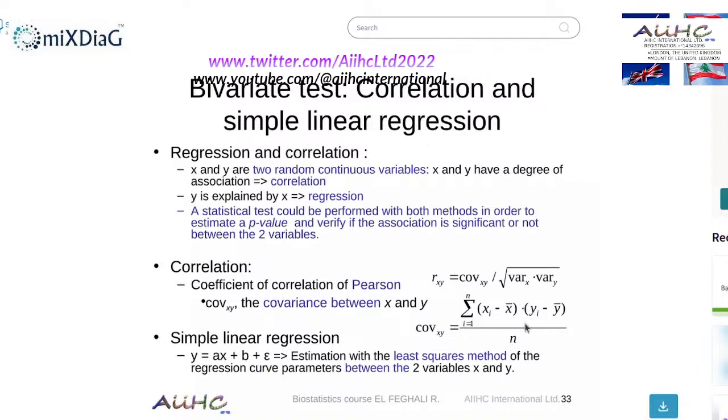Okay guys, so like that, the correlation is between 0 and 1. 1, there's a correlation, 0, there's no correlation. A medium correlation is 0.5. So between 0.5 and 0 and 1, you need to calculate the p-value, to know if there's a correlation or not.